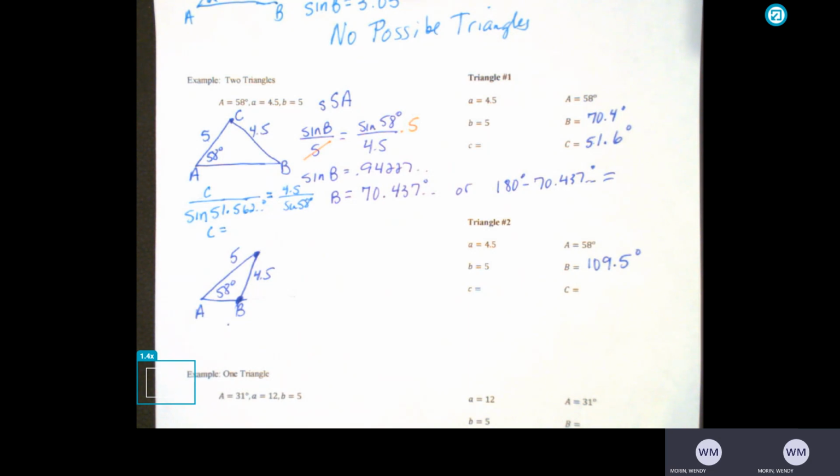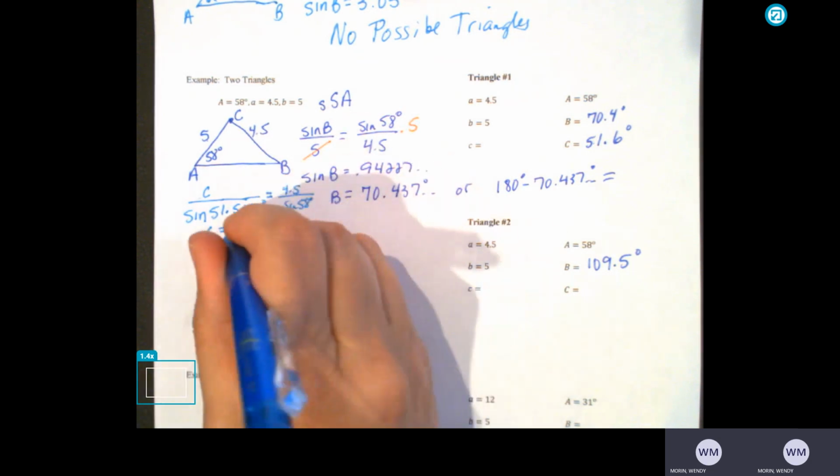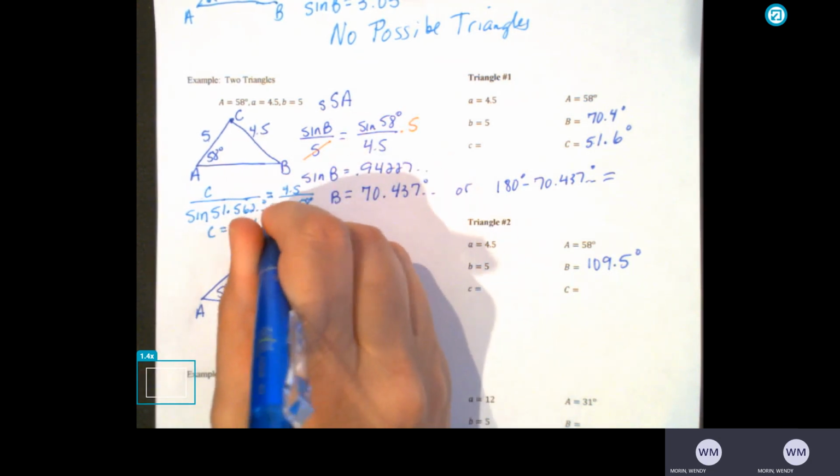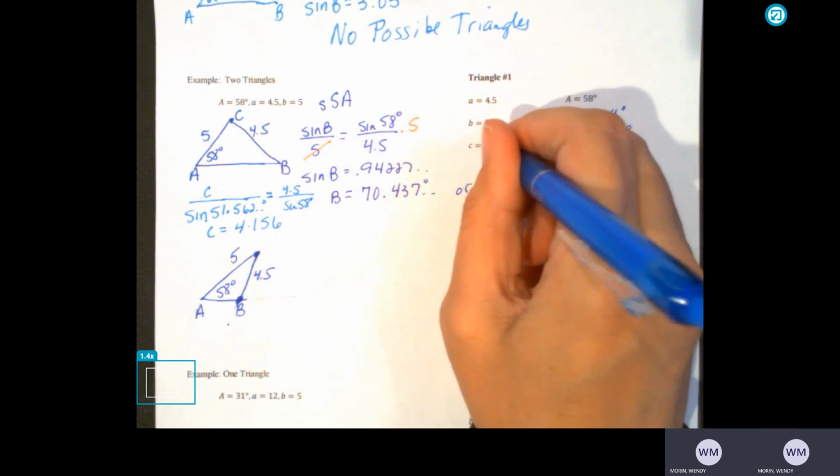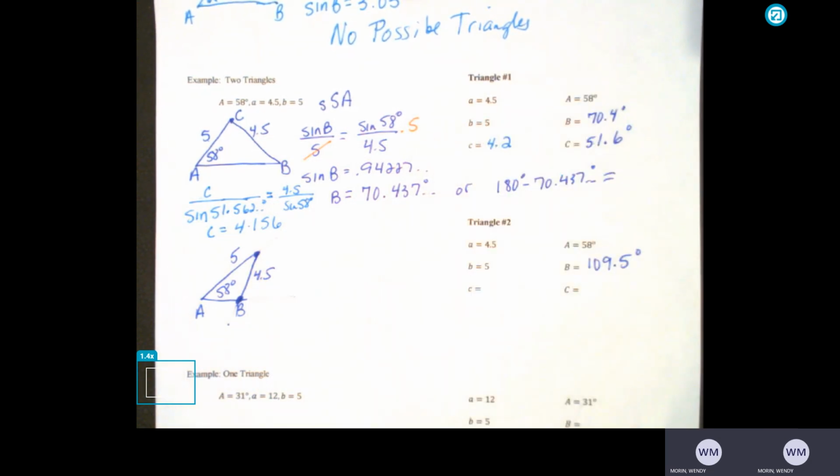And again, I'm going to go up in my calculator and I'm going to use the 51.56269 that is stored in my calculator, so I can make sure that I am accurate. And you end up getting 4.156. So if I ask you to round your final answer to a tenth, your final answer would be 4.2.